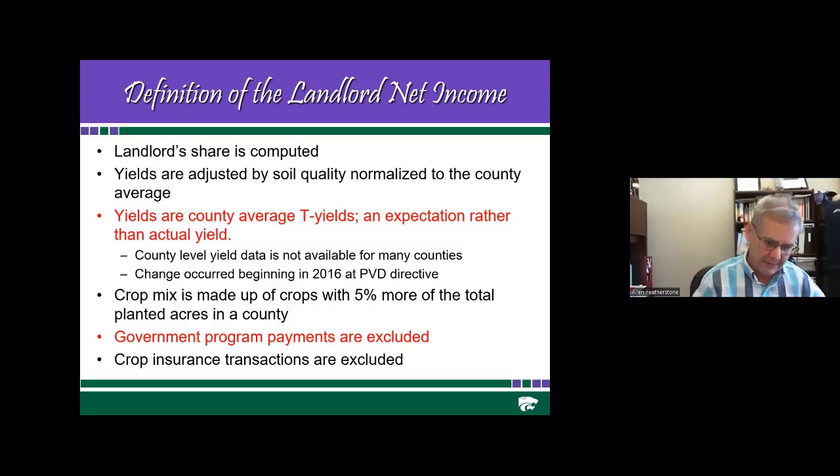And then there's productivity measures of the land that are regularly reported by the federal government with regards to how those different qualities are adjusted.